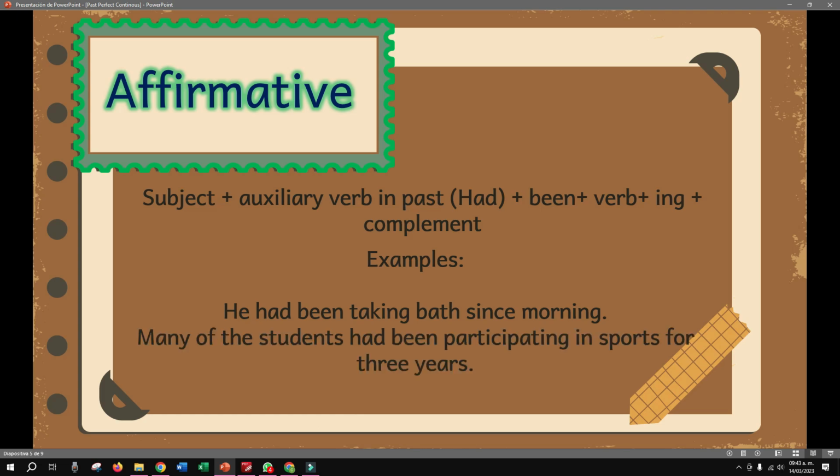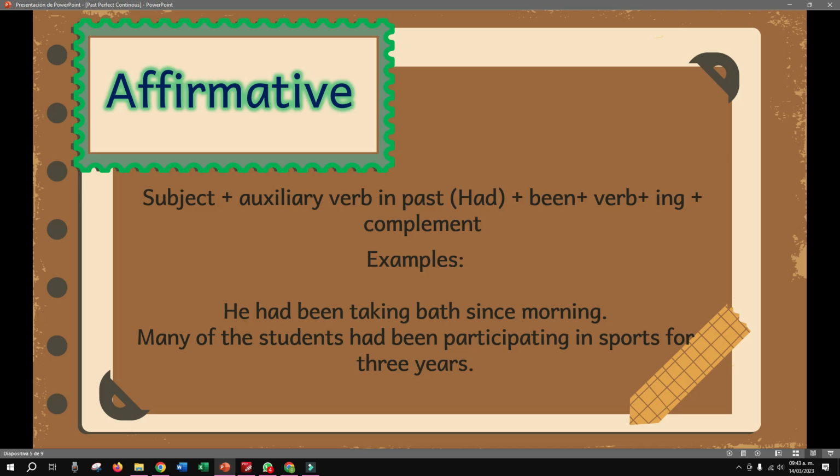Also, you have another one. This is a little bit longer. Many of the students had been participating in sports for 3 years. Look at this one. What is the subject of this sentence? Many of the students, right? So we can change it if we want with they had been participating, right?